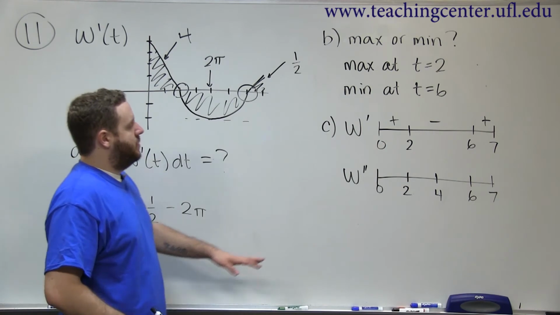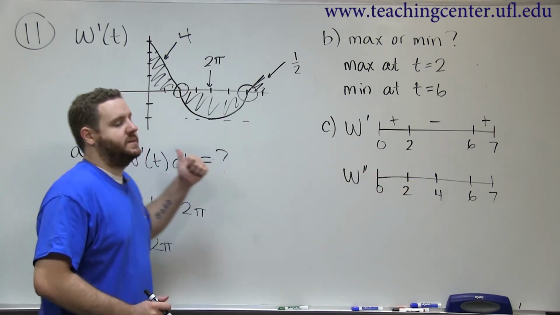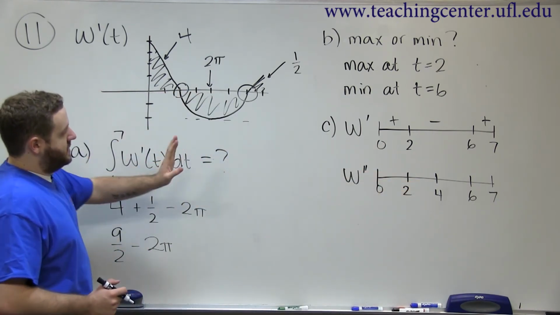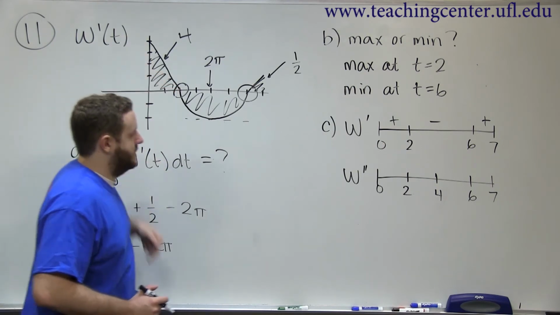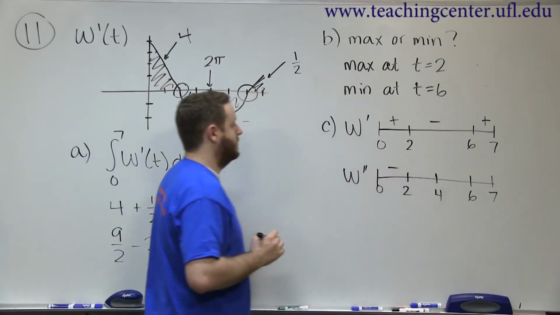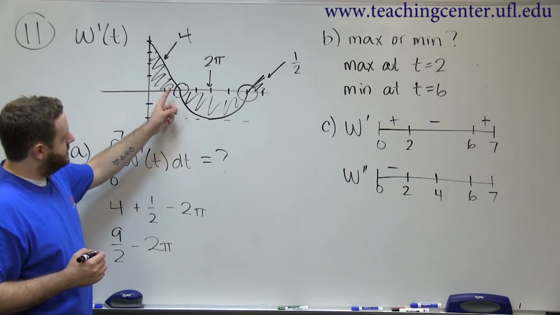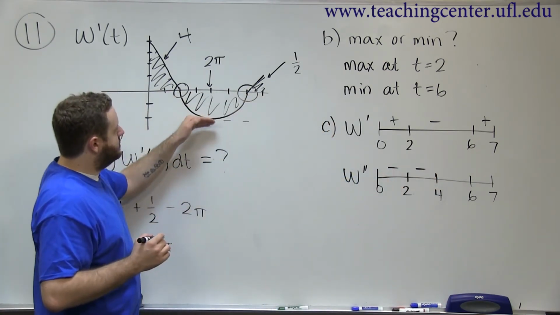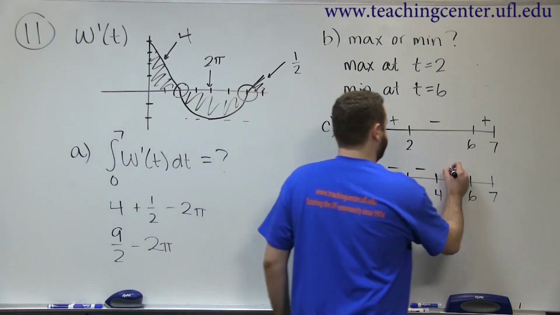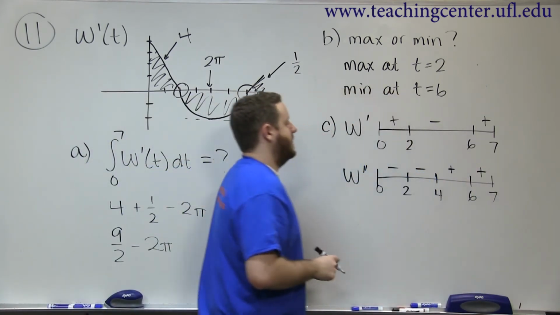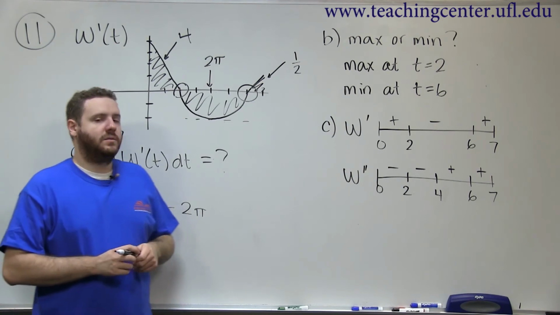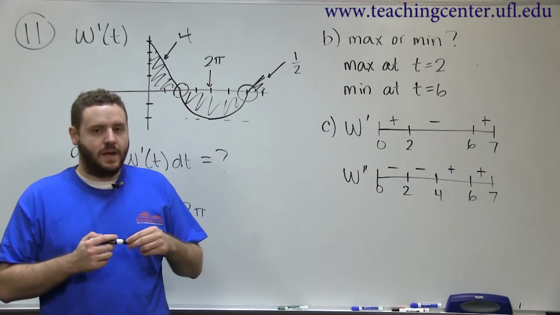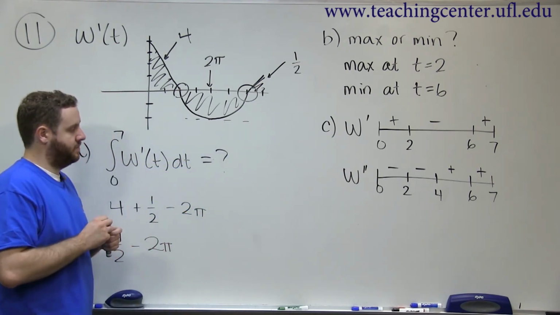So the second derivative would be positive or negative depending on whether this is increasing or decreasing. So from the 0 to 2 section, this is decreasing, so that would be a minus. On the 2 to 4 section, this is decreasing, so that would be a minus. On the further 2 sections, it's increasing and increasing. So that's what our sign charts would look like for W prime and W double prime.